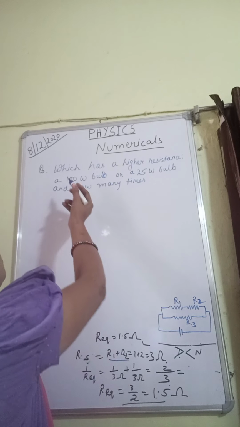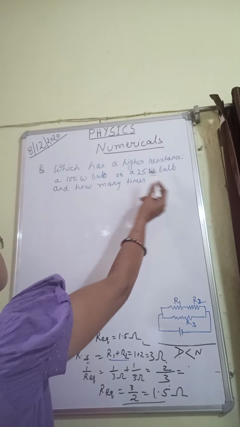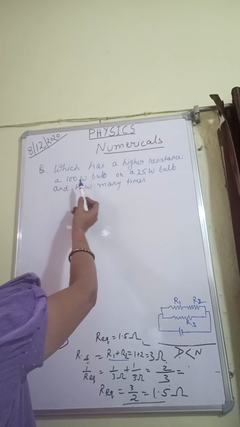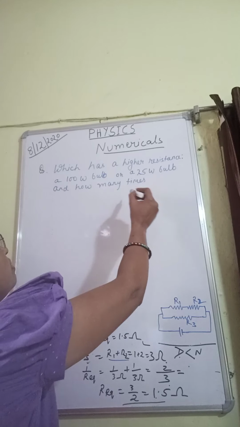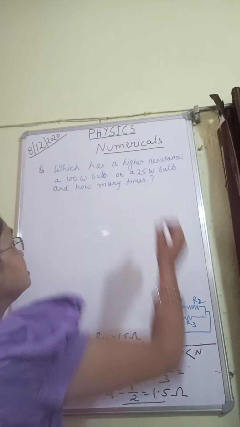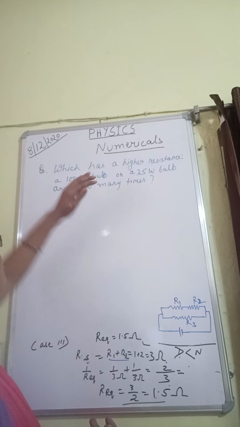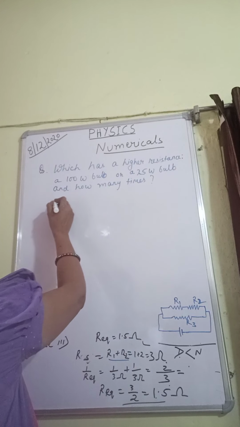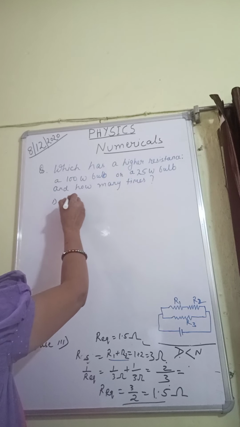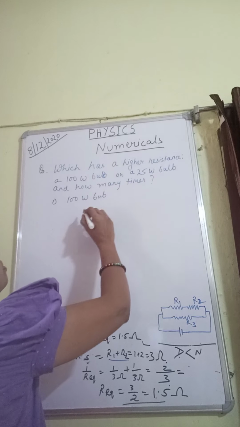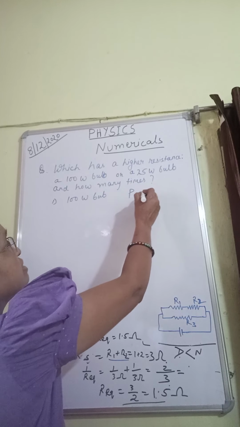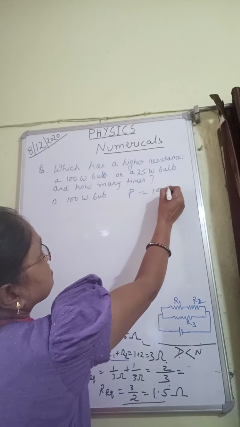Next question: which has higher resistance, a 100 watt bulb or a 25 watt bulb, and by how many times? So let's see here. First case is the 100 watt bulb, means power is given, that is 100 watt.